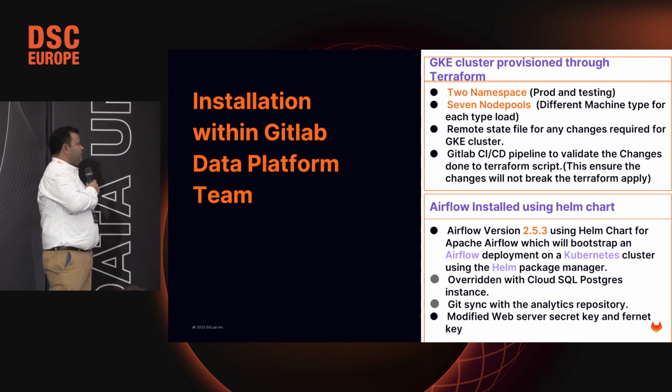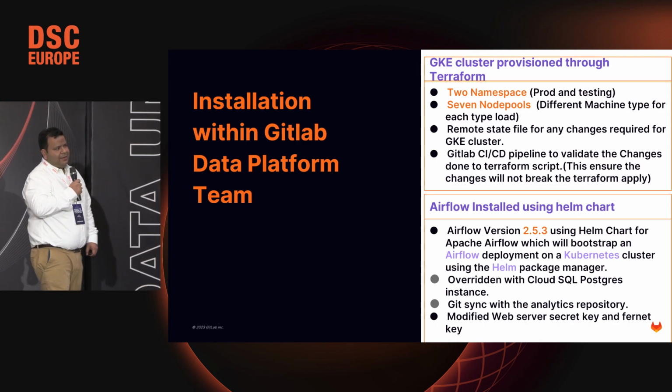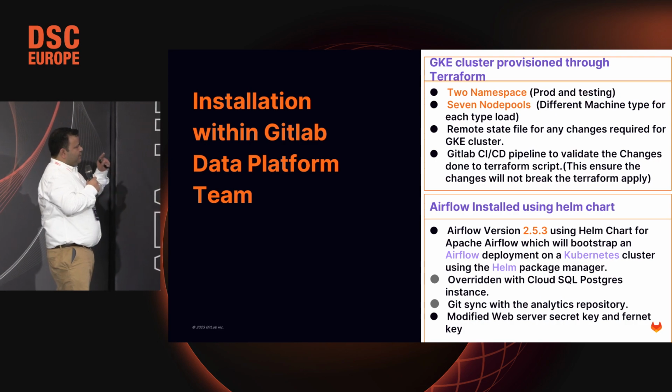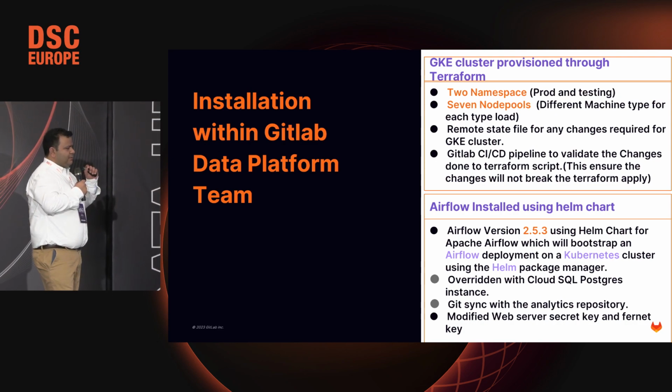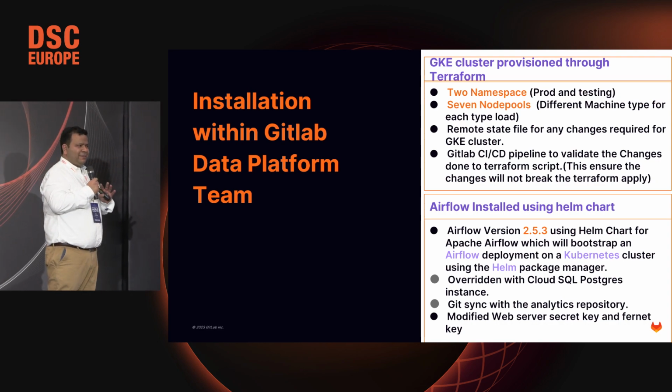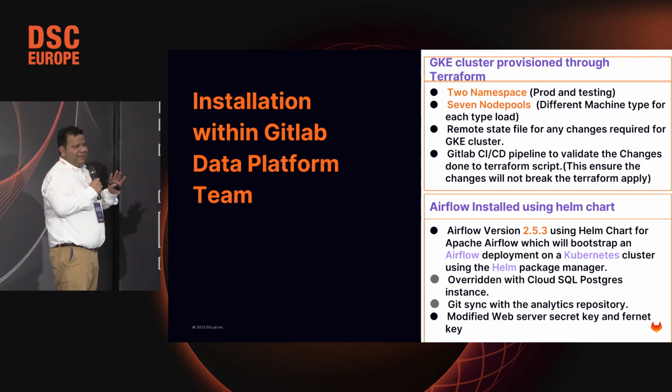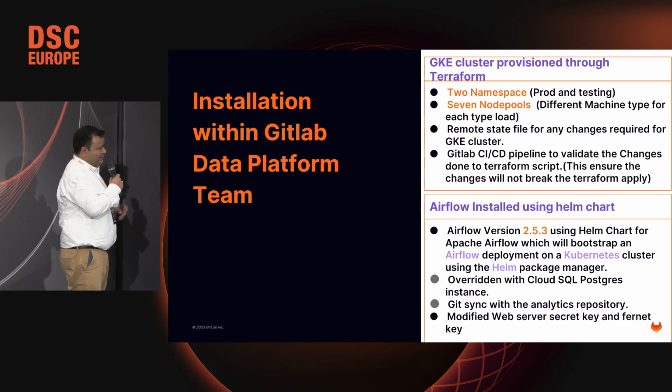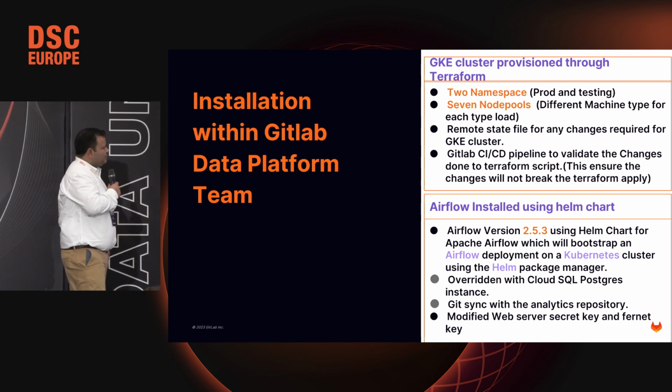This ensures the changes will not break the Terraform apply. This is the most critical part, which helps a lot in not destroying our whole GKE setup of Airflow. Because this is the bread and butter for the data engineers. If that Airflow goes haywire, the whole data pipeline goes haywire. And then you have lots of questions to be answered.